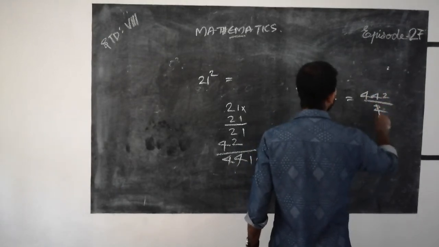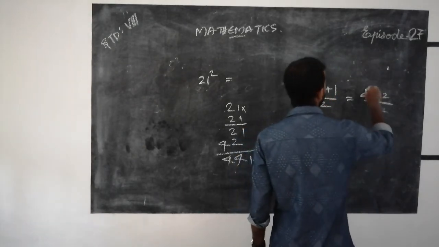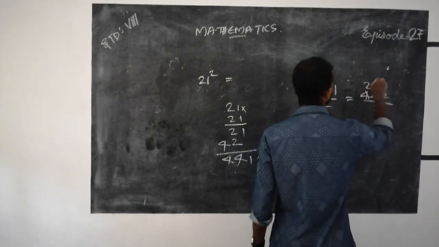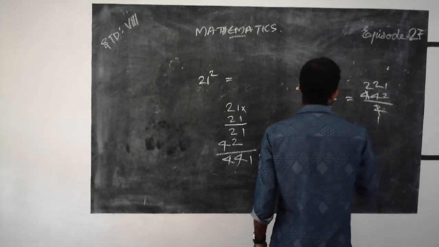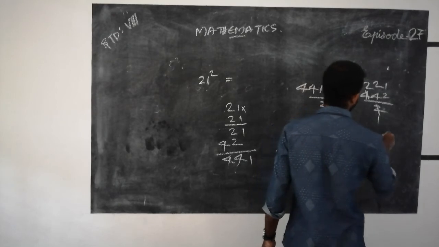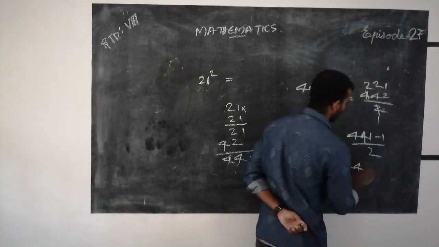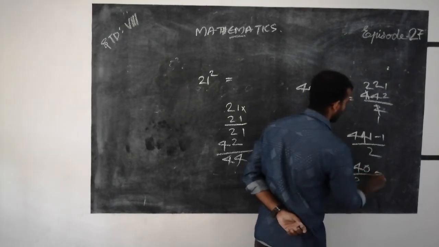That is 221, and then 441 minus 1 by 2, that is 440 by 2.